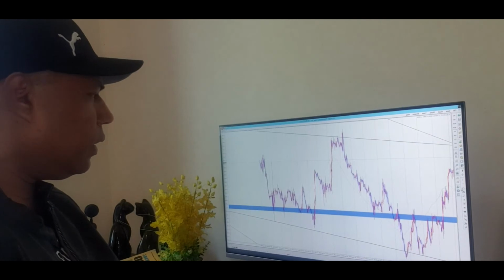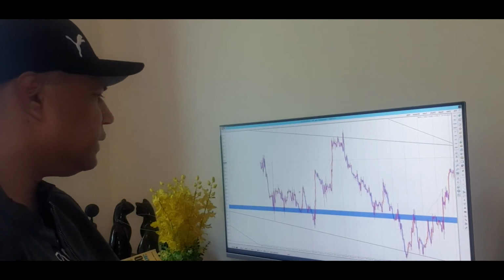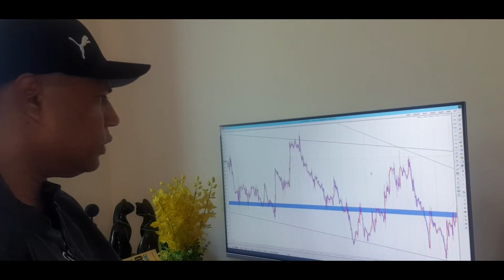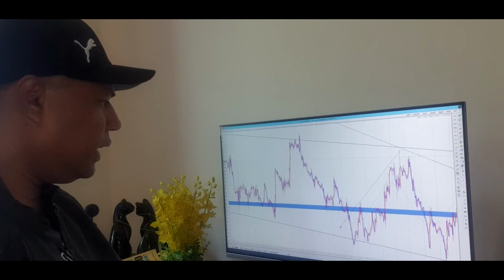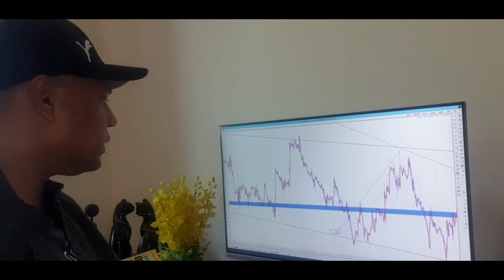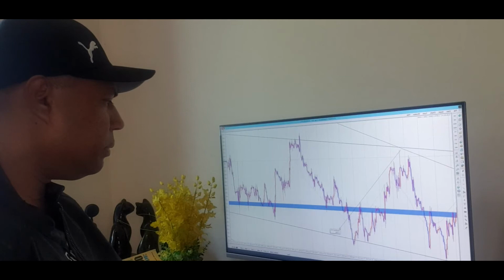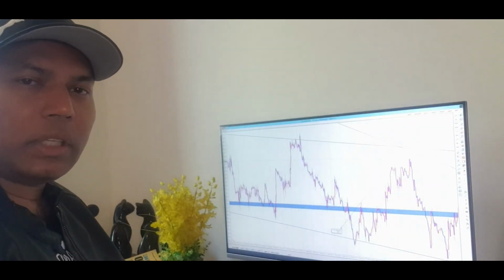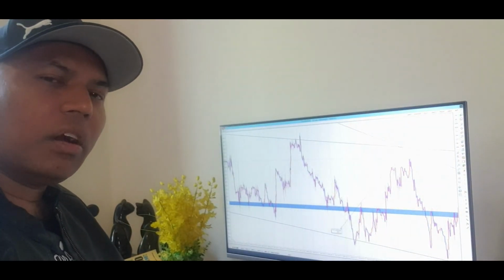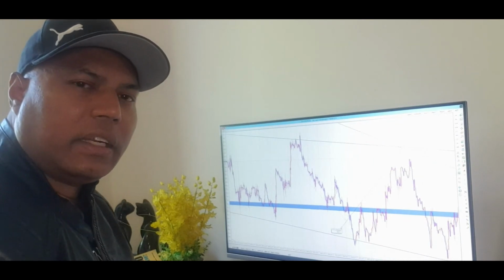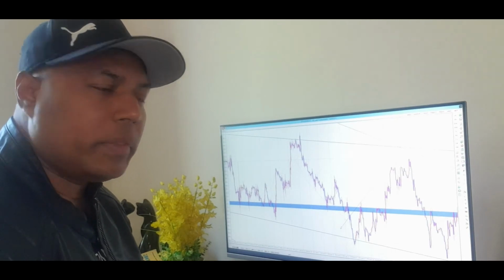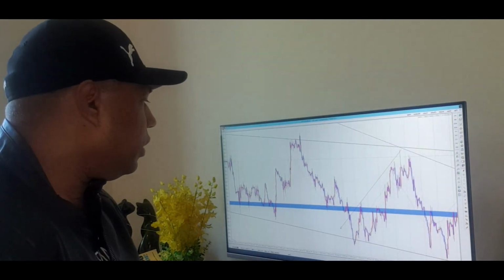But we have to trade this range because we have no other option than trading when price is ranging, in a continuation pattern or in a consolidation pattern. As a trader, you have to have strategies for both trending and continuation patterns, and for when price is stuck in a consolidation or range-bound market.